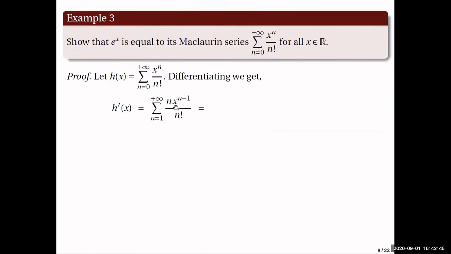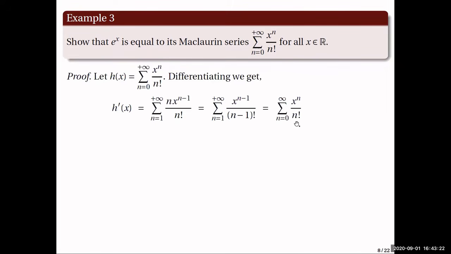We can cancel out the common factor n in the numerator and denominator, which gives us the summation from n equals 1 to positive infinity of x to the n minus 1 over quantity n minus 1 factorial. Notice that when n equals 1, this gives us x to the 0 over 0 factorial, which is the same as taking the summation of x to the n over n factorial, where the summation starts from n equals 0.